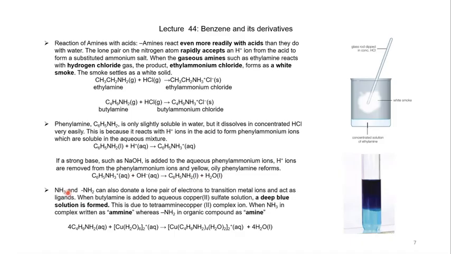One more thing we have to remember is that we have complex ions. In transition metal chemistry, we discussed complex ions with d-block elements, such as copper.